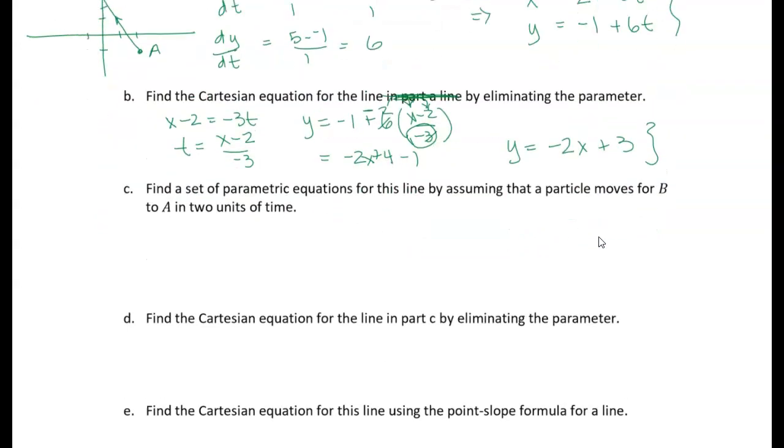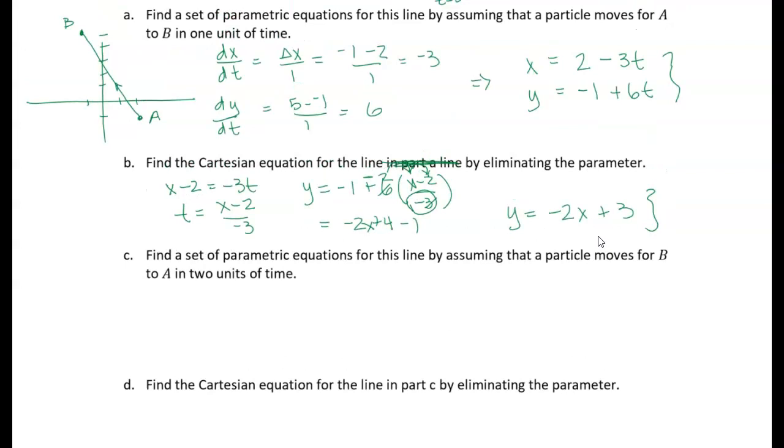So now the interesting thing is that this is not the only set of parametric equations that you can write for this line, right? It all depends on how this particle is moving along the line.